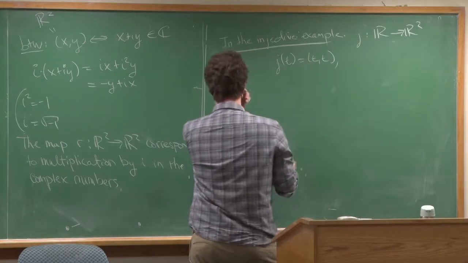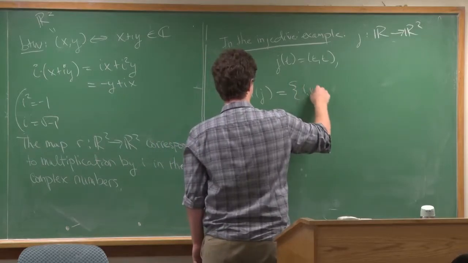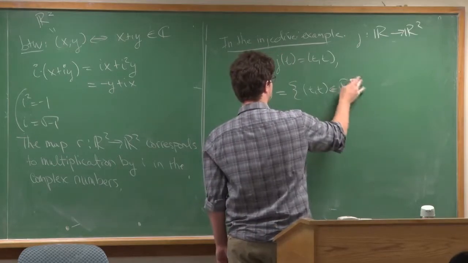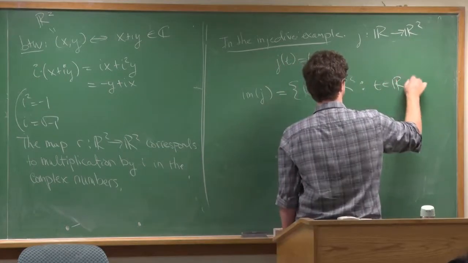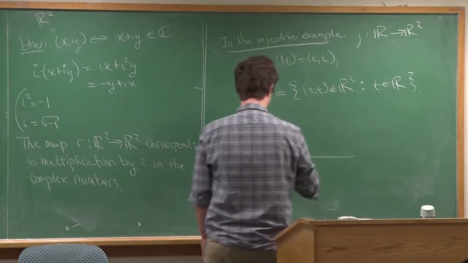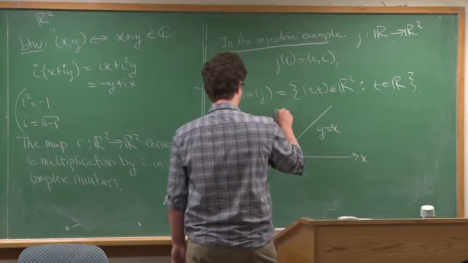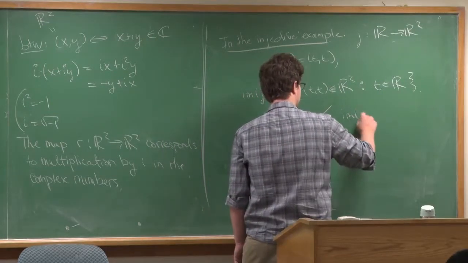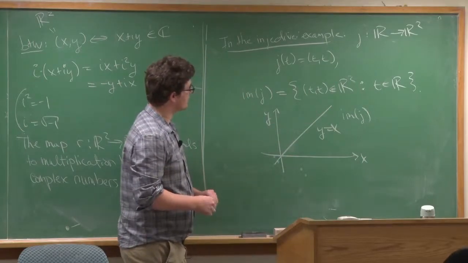So the image of J is the set of (t, t) in R², the codomain, for t a real number. So this is the line that I drew here. This is the line y equals x. This is not the graph of the function, this is the image. That whole line is the image. Okay, does that make sense?